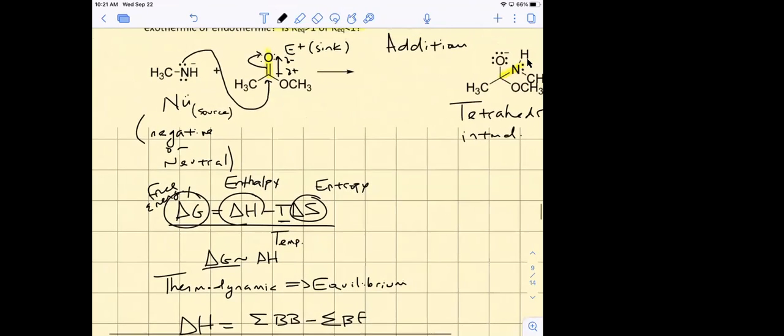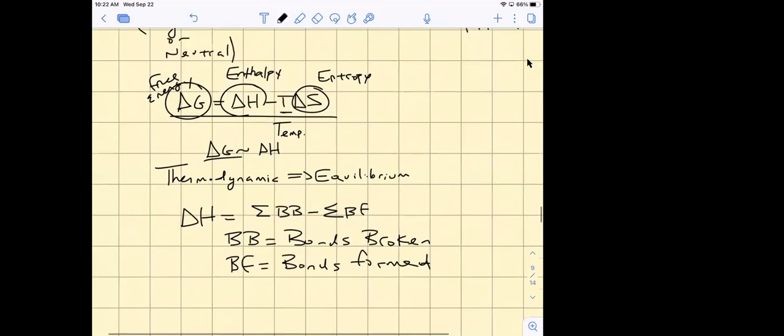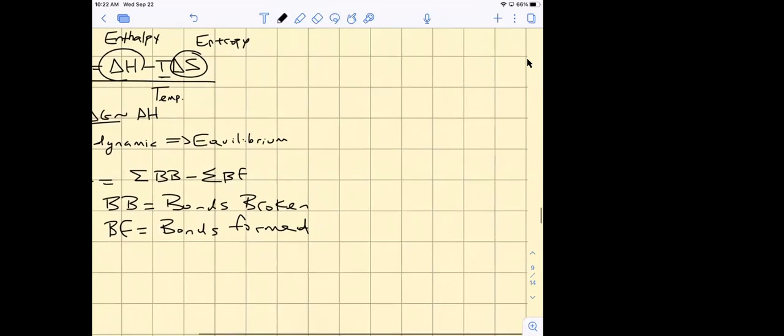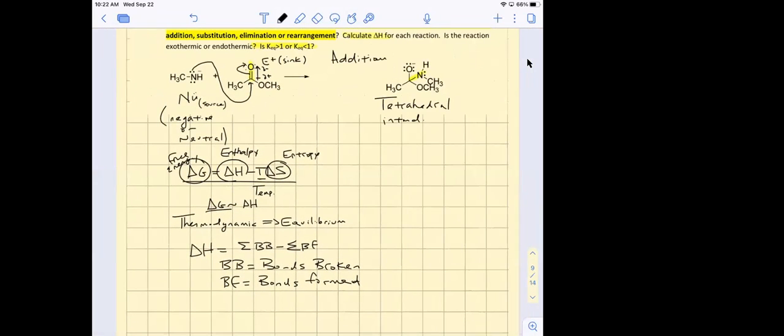All right, so let's go back up here. What bonds did we break in order for this reaction to happen? What did we break? The carbon to oxygen pi bond.